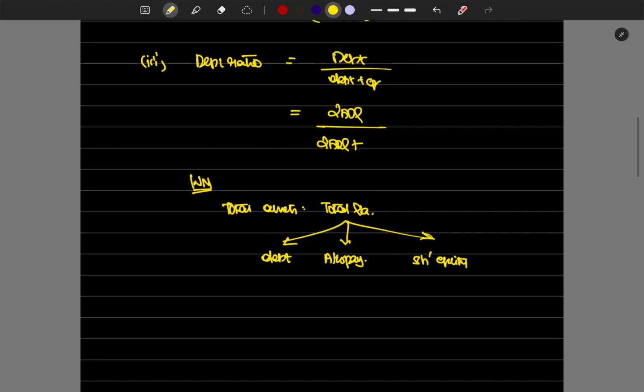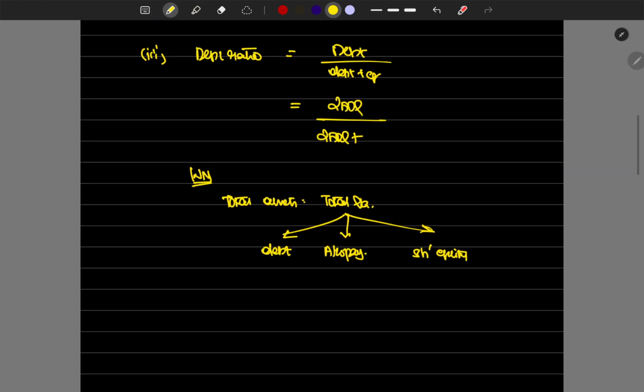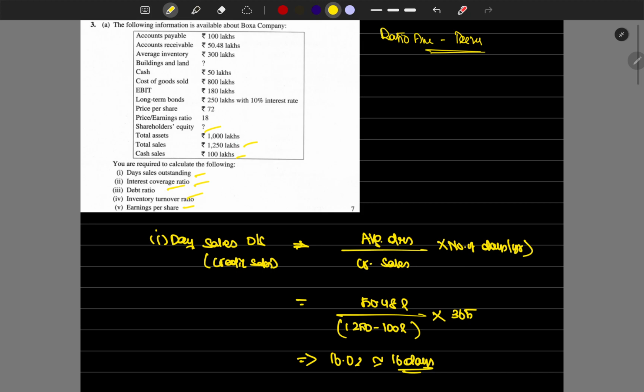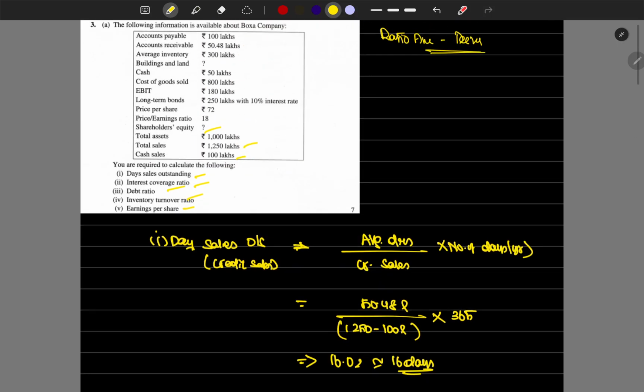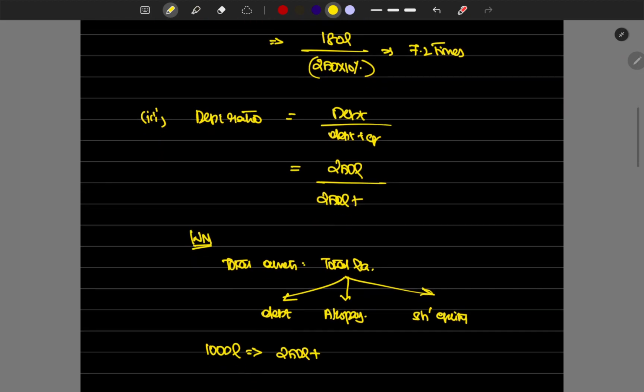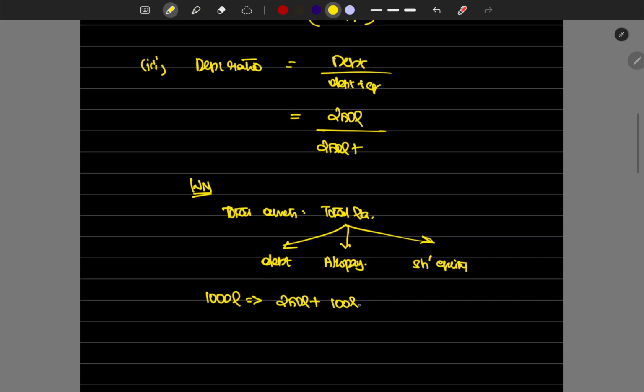How much is the total liability? Total assets is 1000 lakhs. So 1000 lakhs is equal to the debt, which is 250 lakhs, plus accounts payable, which is 100 lakhs, plus shareholders' equity. So shareholders' equity will be 650 lakhs.